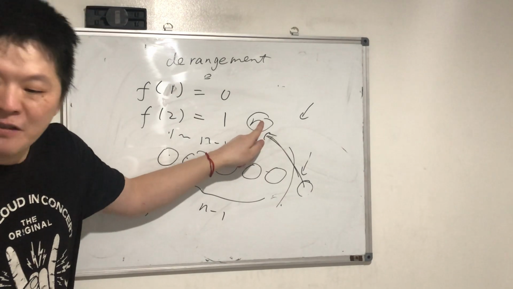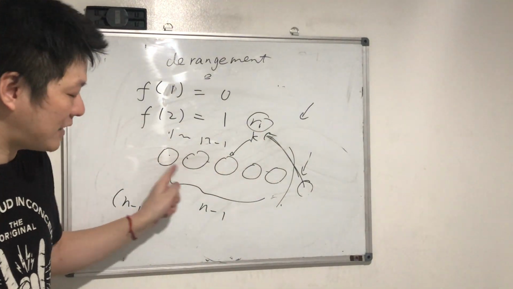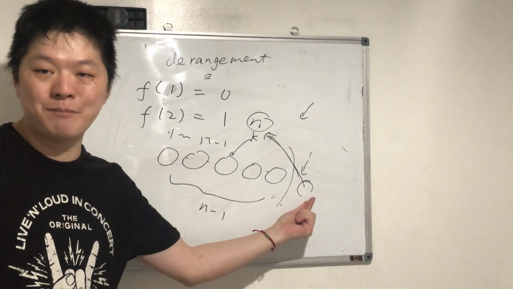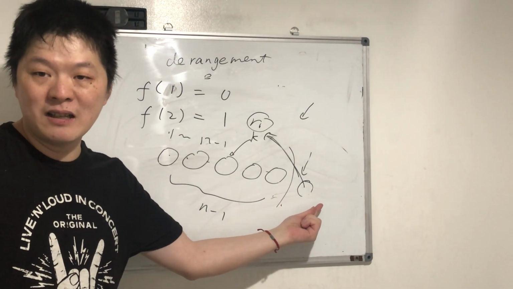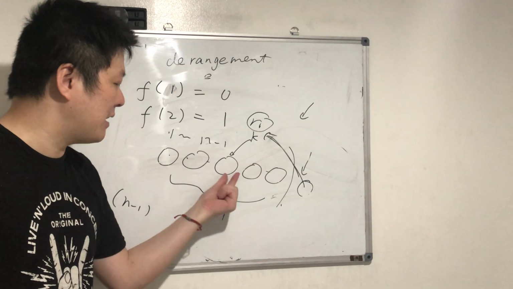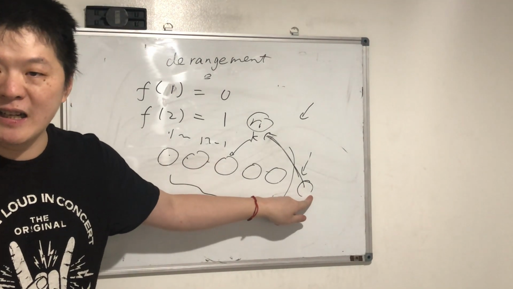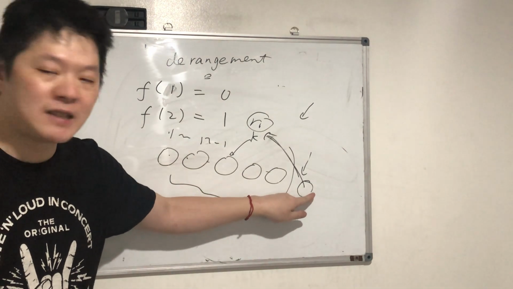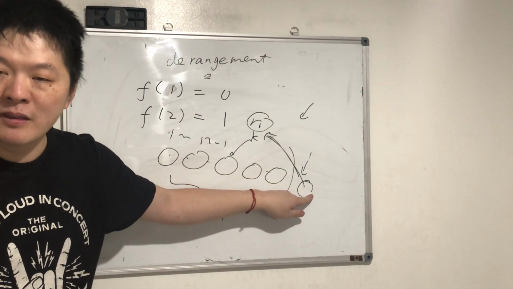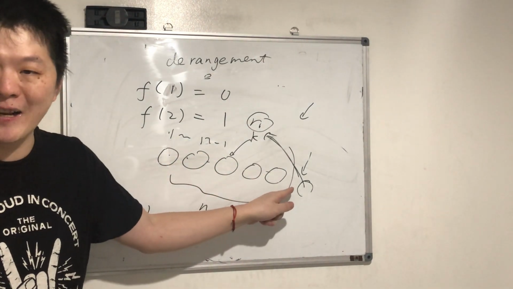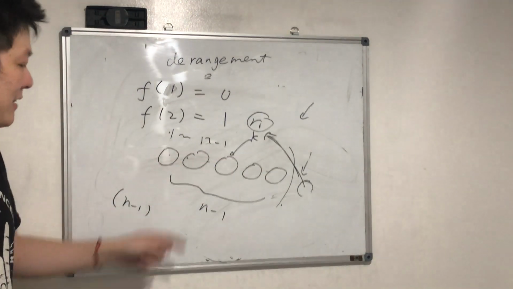So any number k can be directly put in the last position, since k does not belong to it.